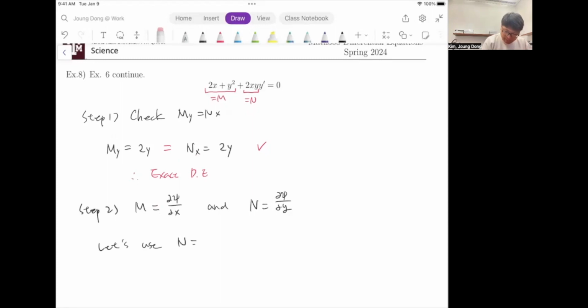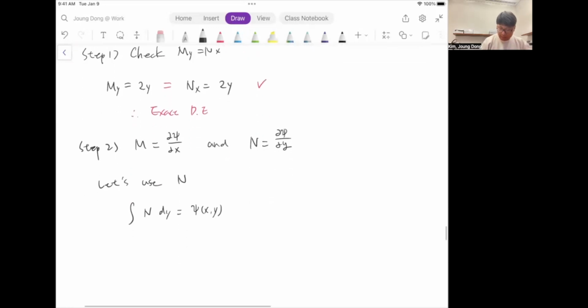Since your N is d psi over dy, we're going to take the integral with respect to y. So integral N dy is equal to my target function. Integral, what was my N?